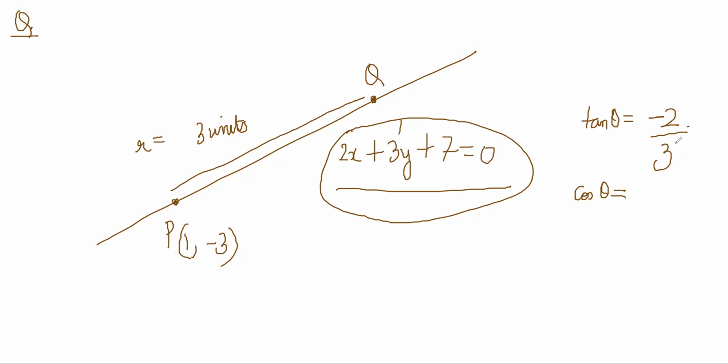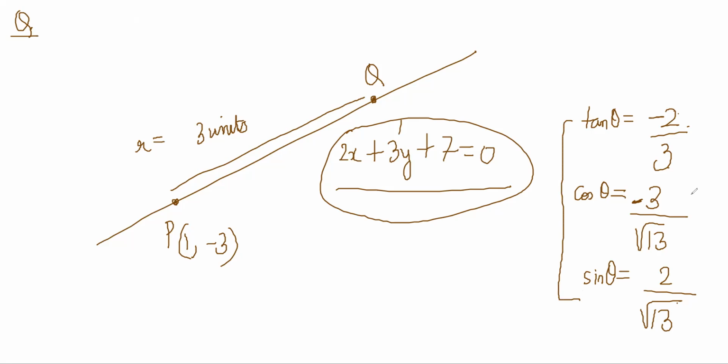Perpendicular is 2, base is 3, so base by hypotenuse, cos theta is minus 3 by root 13, and sin theta is 2 by root 13. I put minus on cos because it is an obtuse angle, and sine is positive in the first two quadrants.